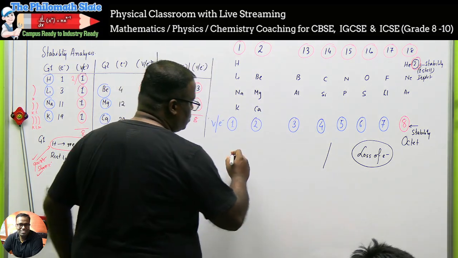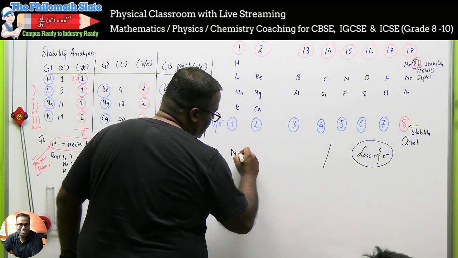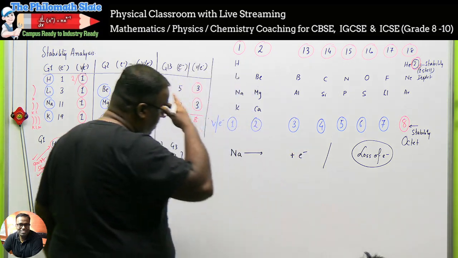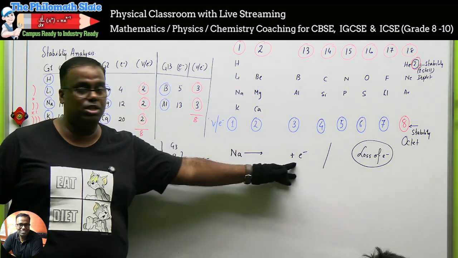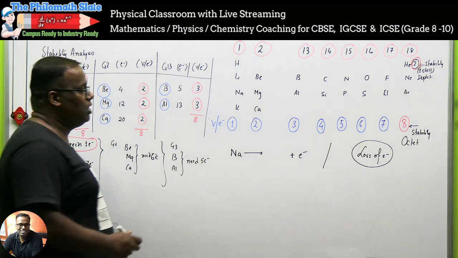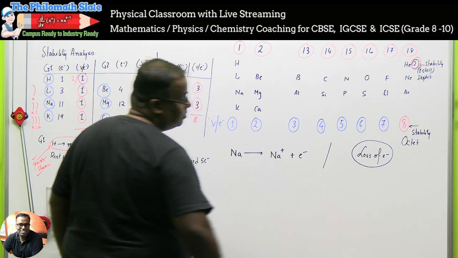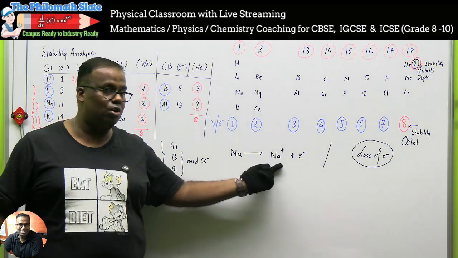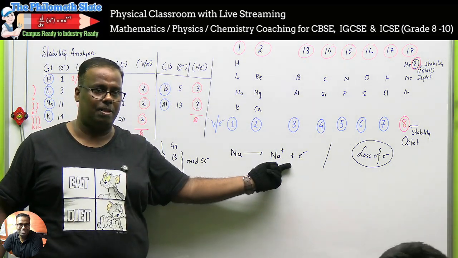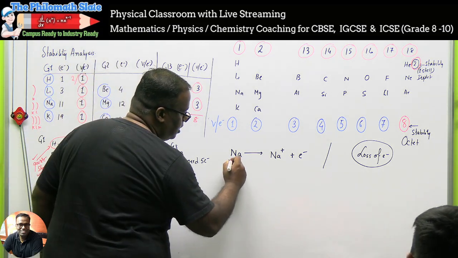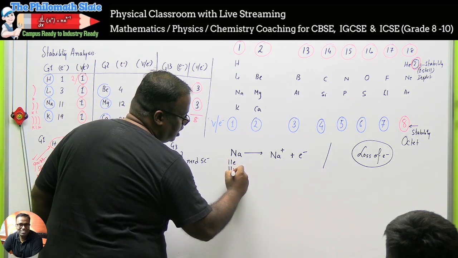So let's look at sodium. Sodium loses 1 electron. In chemistry we never show minus, we always show that it loses 1 electron. So sodium becomes what? Sodium ion. 1 electron lost means 1 positive charge increases. Before this, how many protons and electrons did you have? 11 electrons, 11 protons.